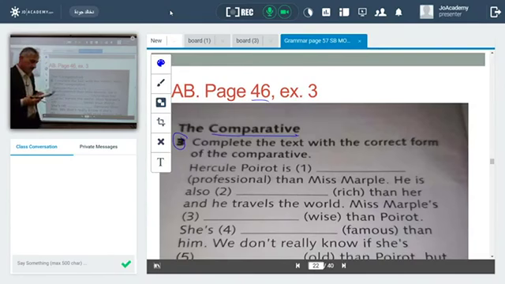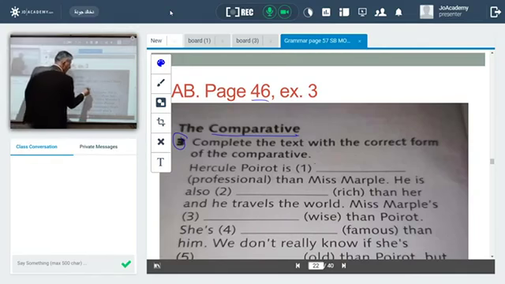So what do you think? Hercule Poirot is blank than Miss Marple. What do you think? Here we'll use more. More professional.